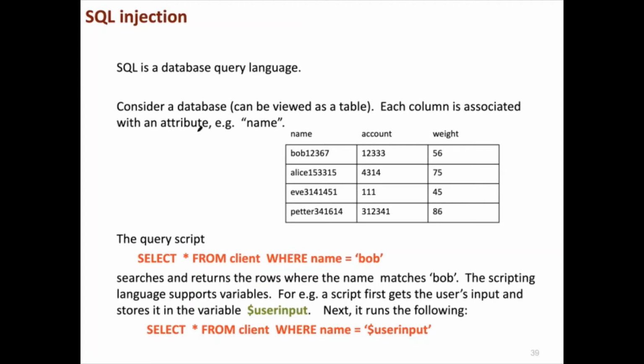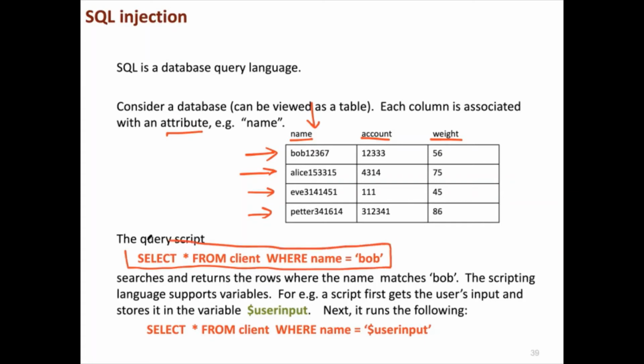The SQL query language examples here, which we do not go into detail on, are quite intuitive. From here we can guess what it is trying to do. It says select star, where star means the whole table, so select everything from client. This whole table is called client.